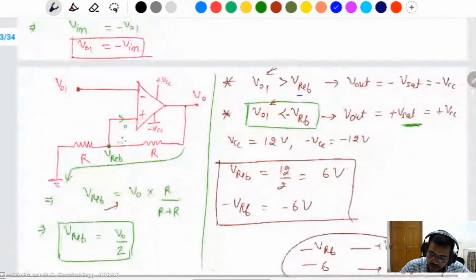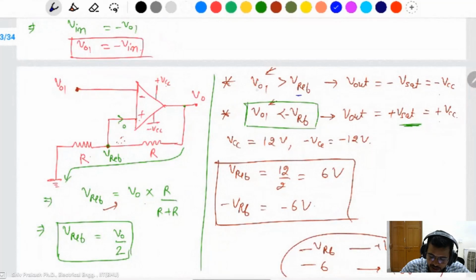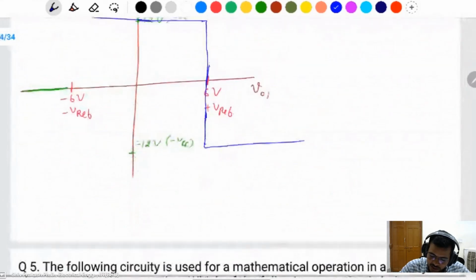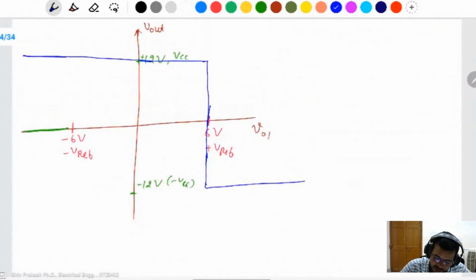After V reference is 6 volt, this is the input voltage of a Smith trigger. When the input of Smith trigger is more than the V reference value, the output is the minus of VCC. That's why this is the output, this line, this is the output line.